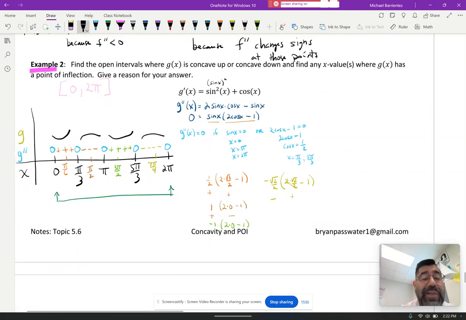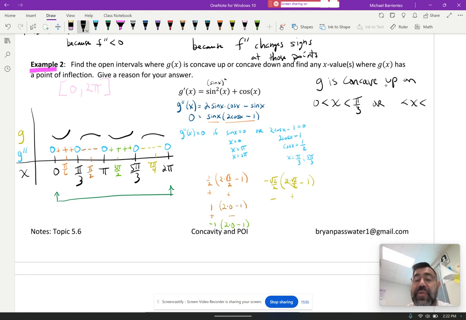So we're going to say that G is concave up on x values that are between 0 and pi over 3, or x values that are between pi and 5 pi over 3. And I know this because the second derivative is greater than 0.